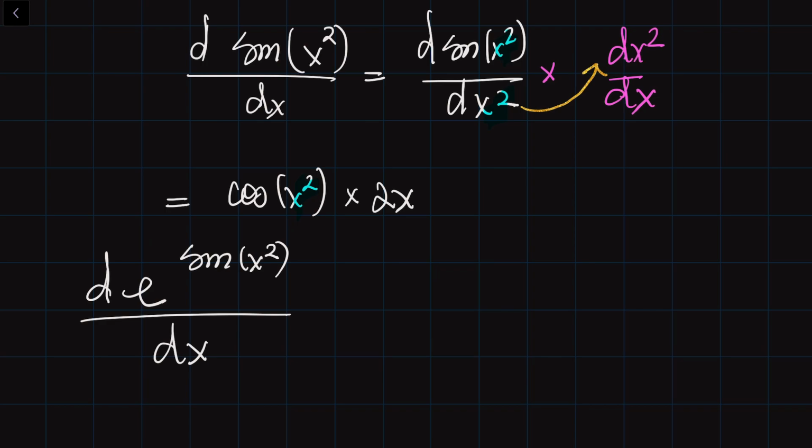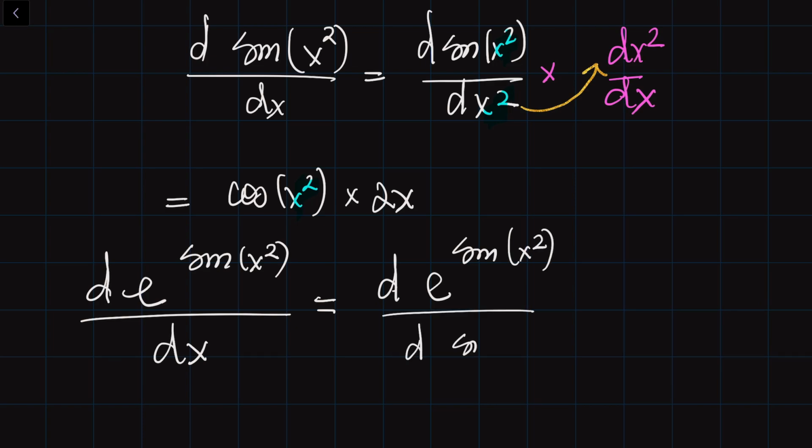e of something. So you need to just close your eyes. Okay? You need to see this: e to something. Okay? It doesn't matter what is there. But you have to divide by the same thing. Okay? So it should be divided by the same thing as the power of the e, so as the argument of the e. So it is going to be equal to d of e to the sine of x squared over d sine of x squared, right?